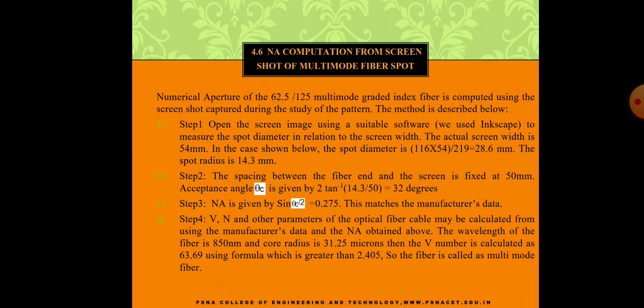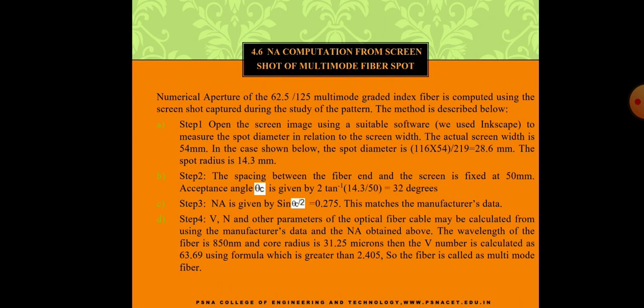These are the computational steps followed to get the numerical aperture. The numerical aperture of the 62.5 divided by 125 multimode graded index fiber is computed using the screenshot captured during the study of the pattern. This method is described below.